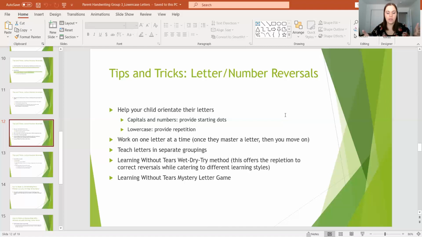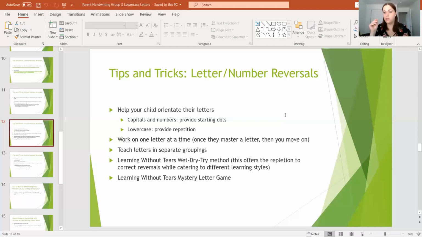Basically, there's a chalkboard, or you can use a dry erase board, but getting that sensory feedback from the chalkboard is what the program promotes. You write the letter with the chalk on the little chalkboard, and then the child, so wet, dry, try.